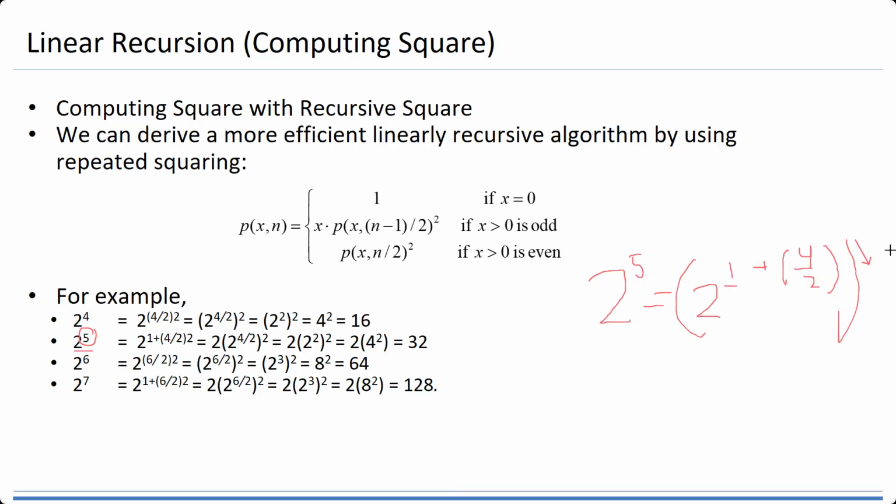What is the meaning by 2 power of 1? 2 power of 1 means x. If there is 2 power of 1, it means this is the same with the number, which is 2. Or this is the same with the x itself. Then I have the 2 power of 1 plus n minus 1.